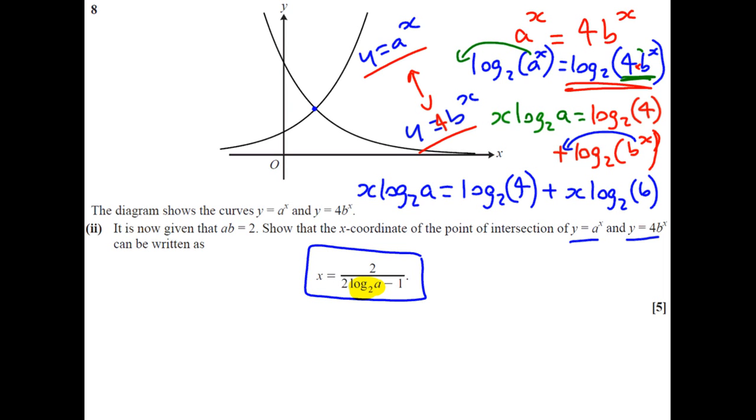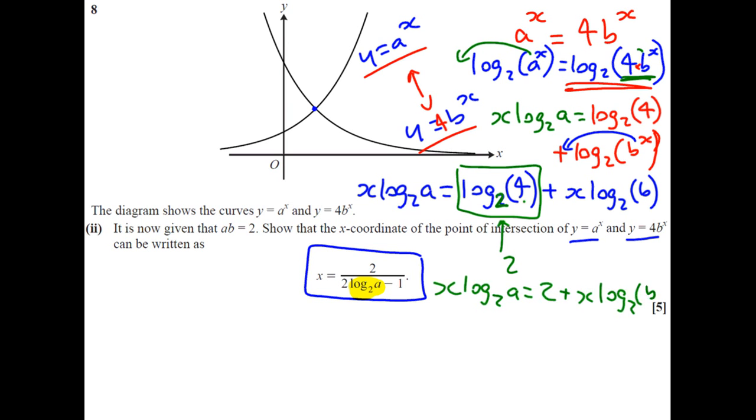Right, log to the base 2 of something means what power do you have to raise 2 by to get it? So what power do you have to raise 2 by to get 4? The answer to that is 2. So you've got x log to the base 2 of a equals 2 plus x log to the base 2 of b.